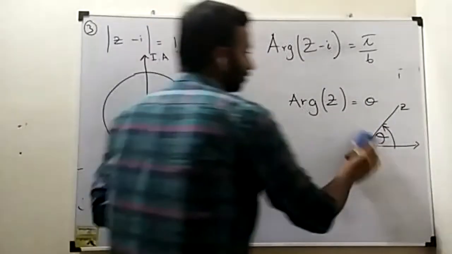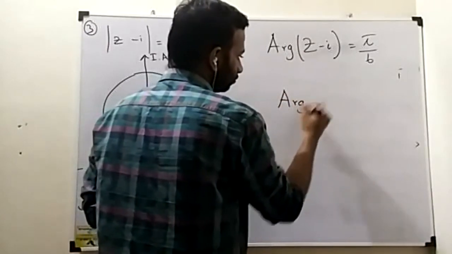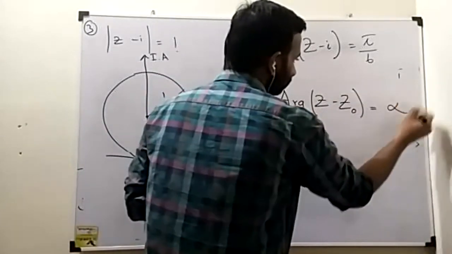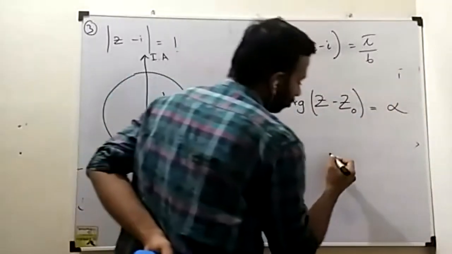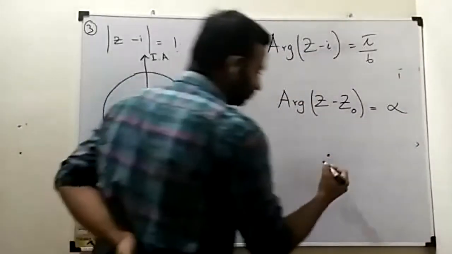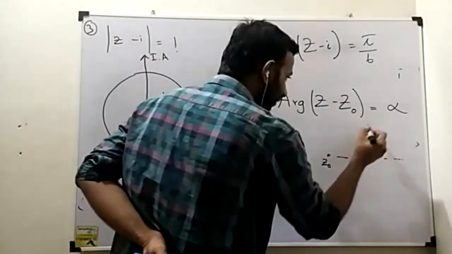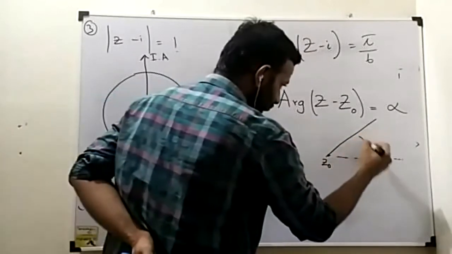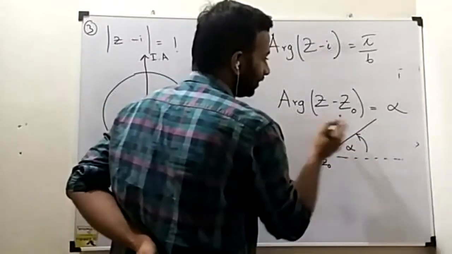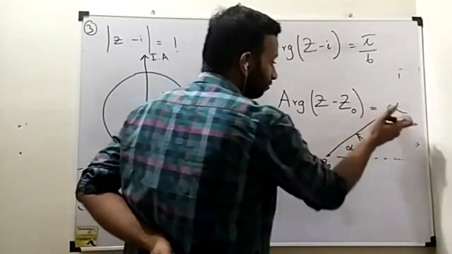So if you have argument of z minus, say, z naught is equal to, let's say, alpha. What this means is, similar to this, the starting point is z naught, and then the horizontal line is this. So z lies on this line, which is at an angle, the argument alpha, from the horizontal line.